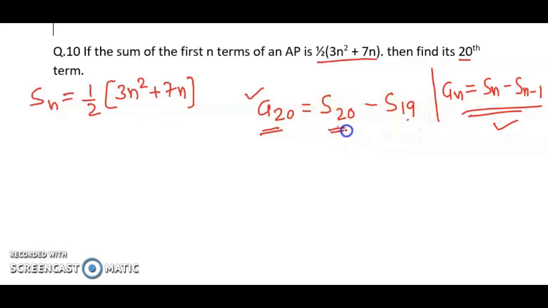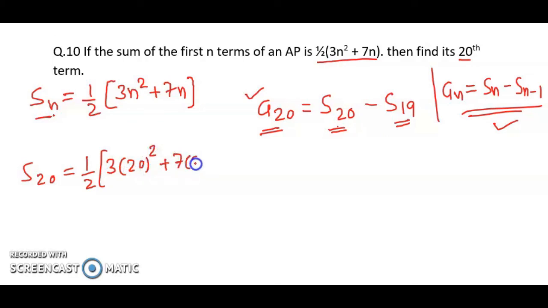So from the sum of first 20 terms, if you subtract sum of first 19 terms, then we will get 20th term. Now here we can find out the S20 and S19 easily. Sn is given. To find out S20, we will replace this n with 20. So this will be 1 by 2 into 3 into 20 square plus 7 multiplied by 20. So if you simplify it, you will get the answer 670.